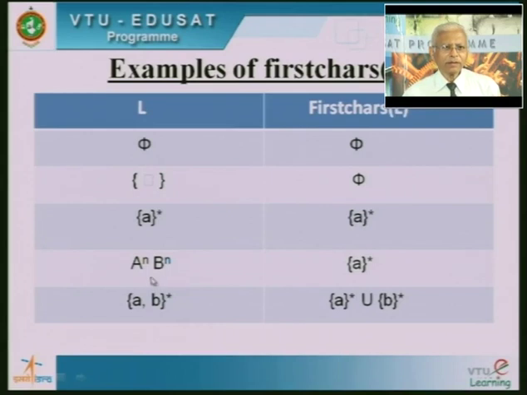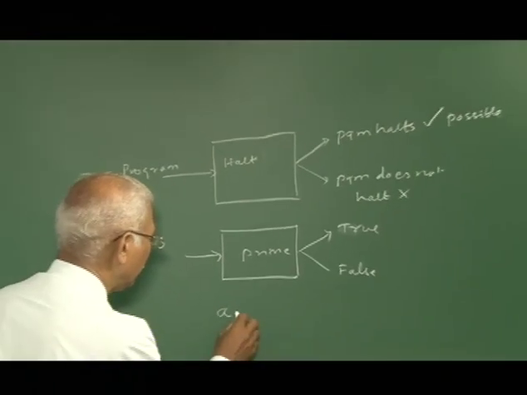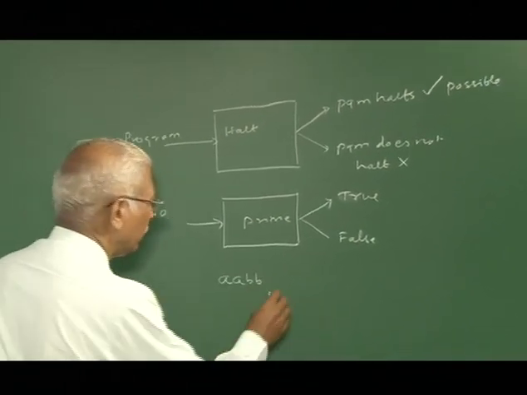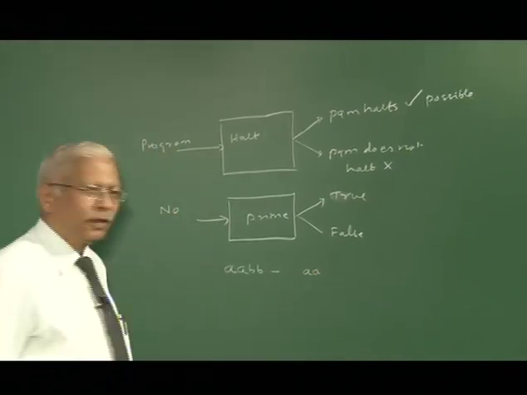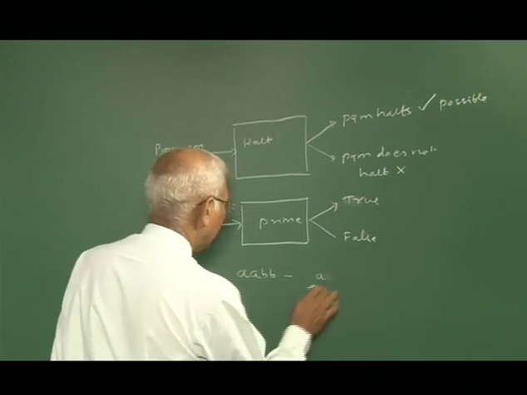If you have a power n, b power n, the first character depends on what string you take, so it will be a star. This may not be very clear. For example, if you take a string a power n, b power n, like a, b, b, the first character will be a, depending on what the first character is.